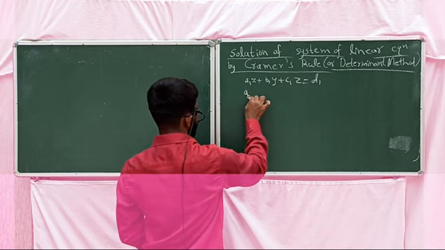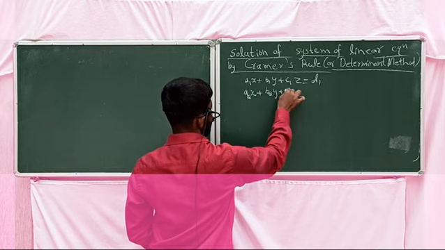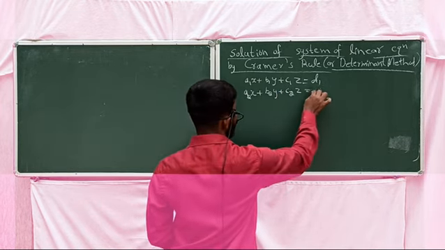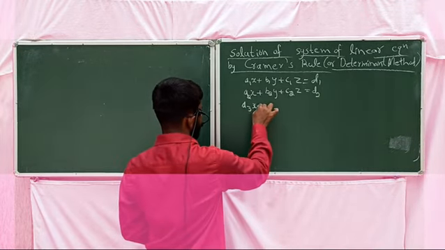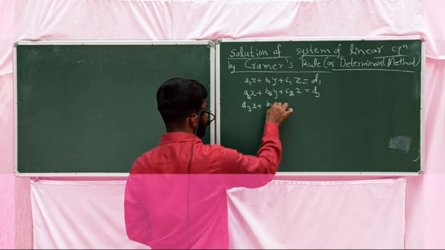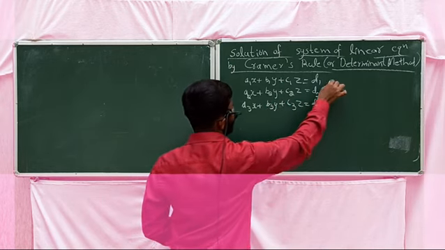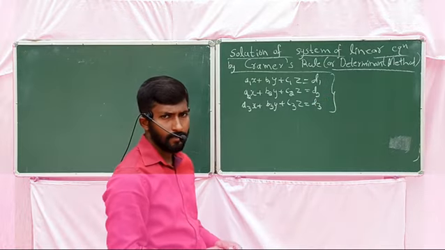Then a2x plus b2y plus c2z equal to d2. Then the third equation, a3x plus b3y plus c3z equal to d3. We call it a system of linear equations because there are three linear equations.